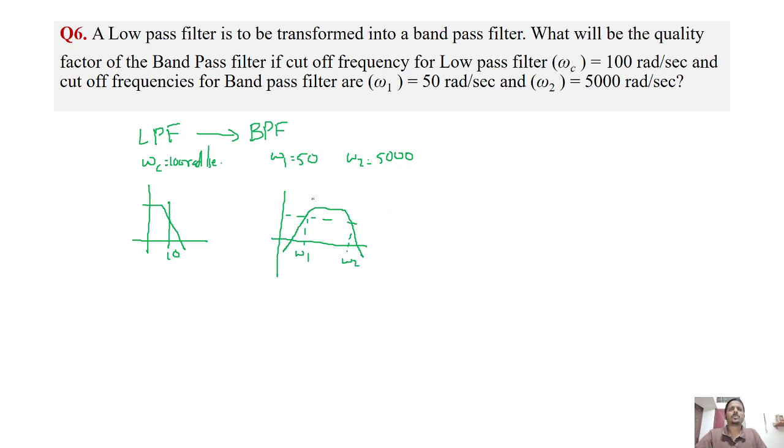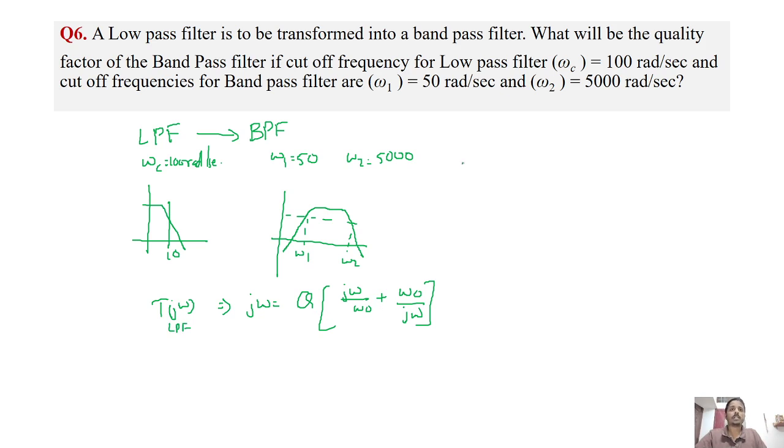So how to transform? If the transfer function is a low pass filter, we substitute j omega equal to q into j omega by omega naught plus omega naught by j omega in the low pass filter transfer function, and we get the band pass filter.